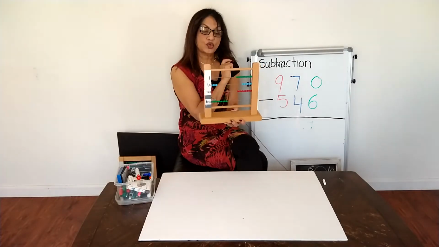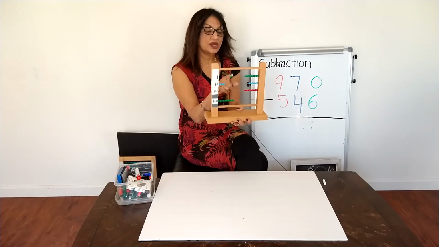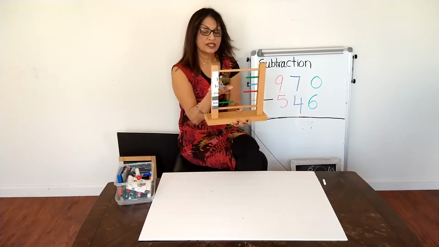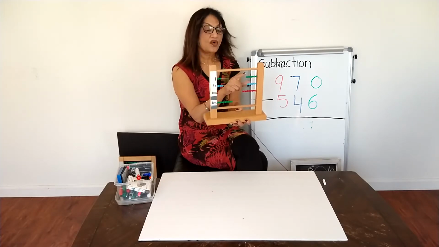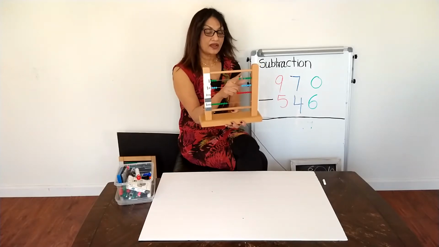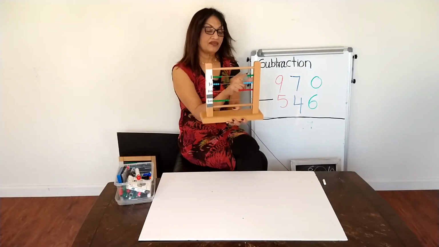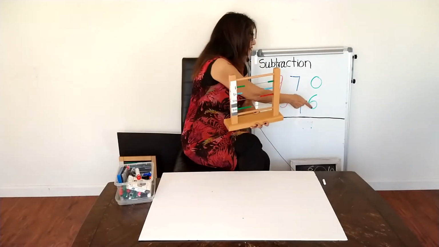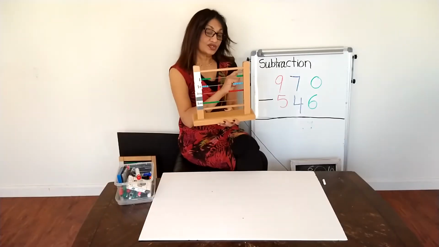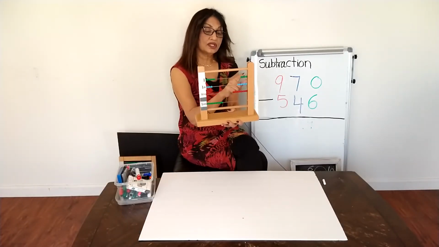So let's count with me. 1 unit, 2 units, 3 units, 4 units, 5 units, and 6 units. So how many units are left over now? After giving away 6 units, now we have 4 units. 1, 2, 3, 4.